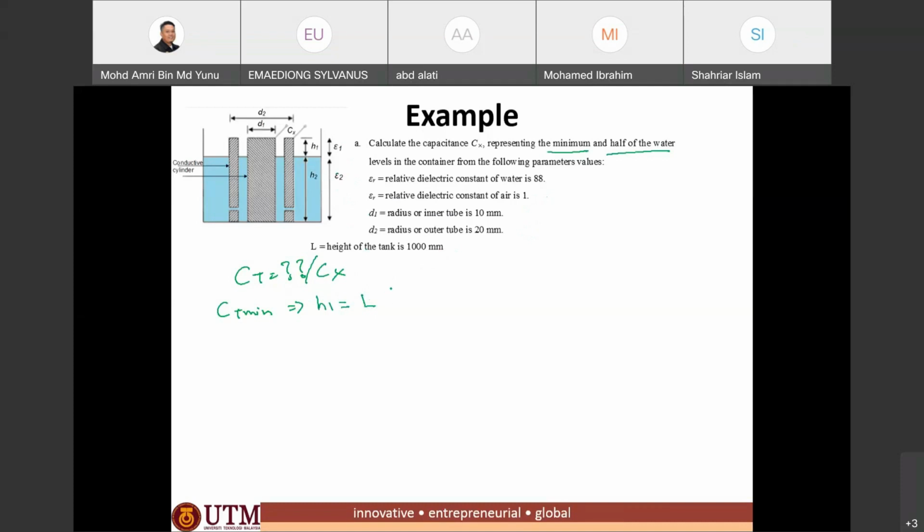Minimum means that there is only air, no liquid.